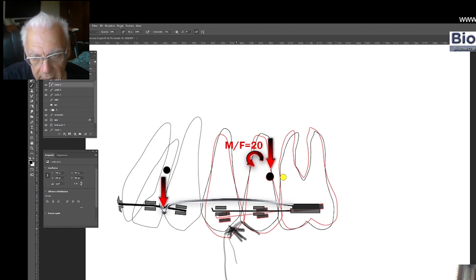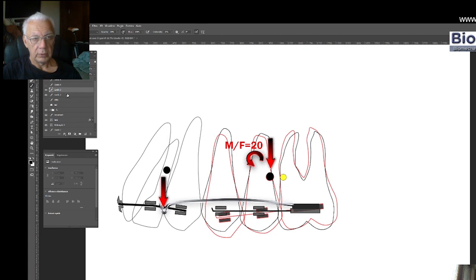And so I think that occlusive forces most of the time, if you have a good intercuspation, are enough to prevent any kind of loss of anchorage for this kind of mechanics.